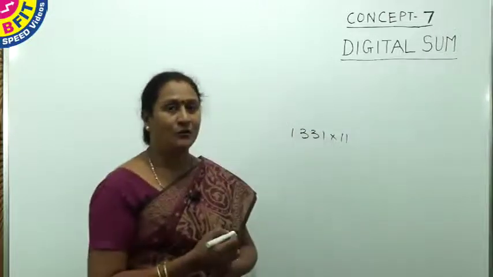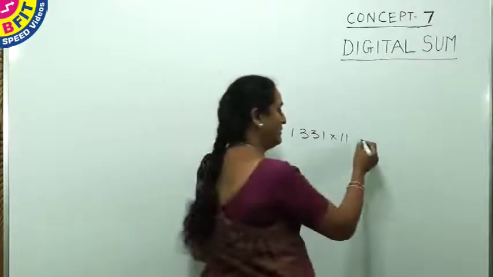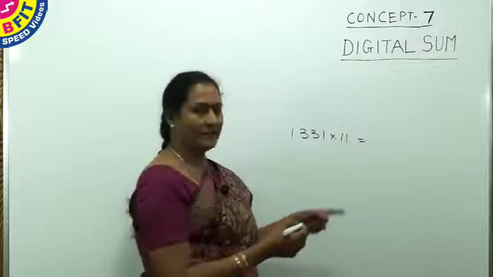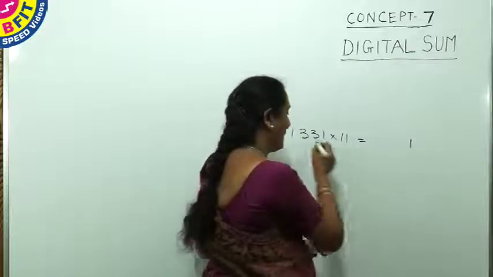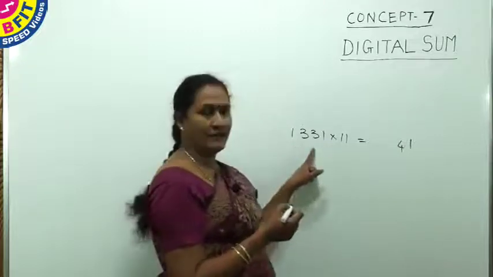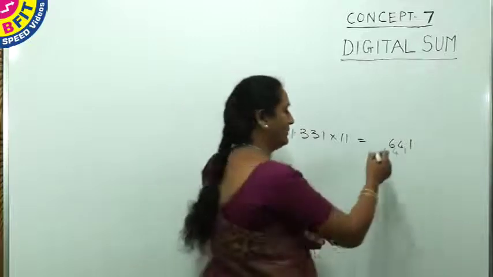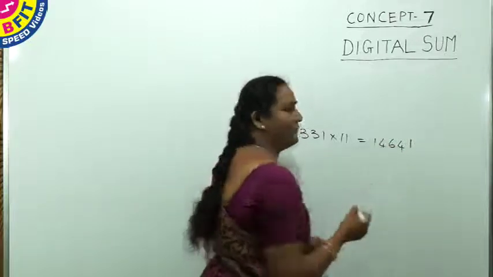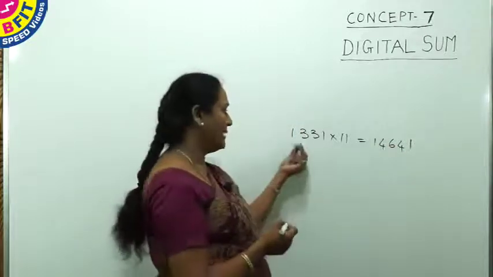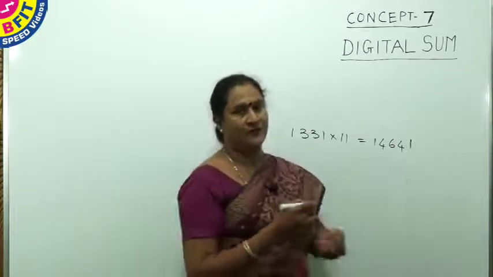I have told you how to find the product of a number with 11. For this, write 1, add 1 and 3, it is 4, add 3 and 3, it is 6, add 3 and 1, it is 4, and write 1. So the product of 1, 3, 3, 1 with 11 is 1, 4, 6, 4, 1.